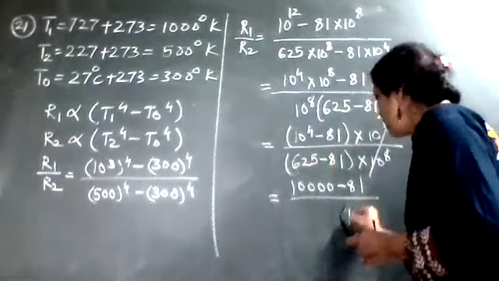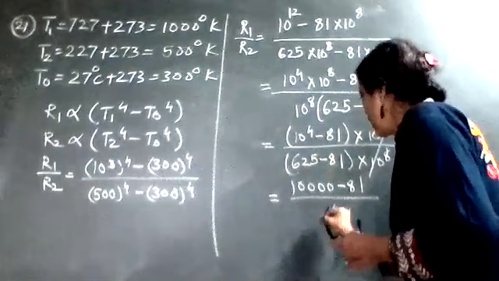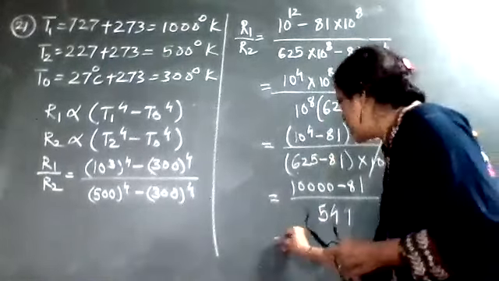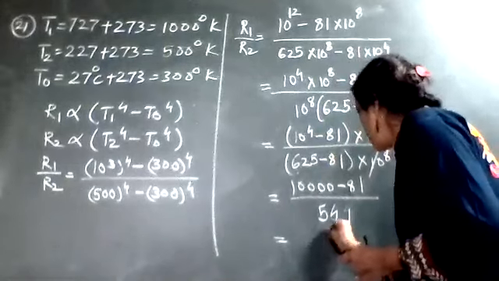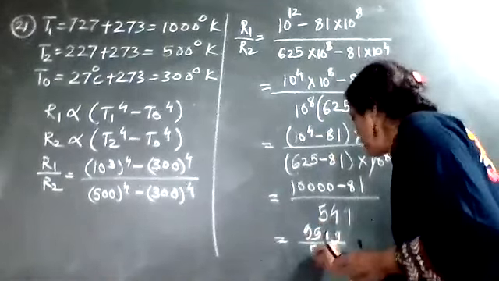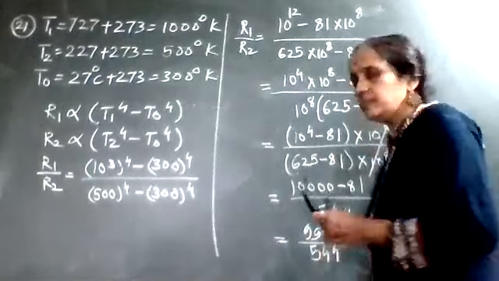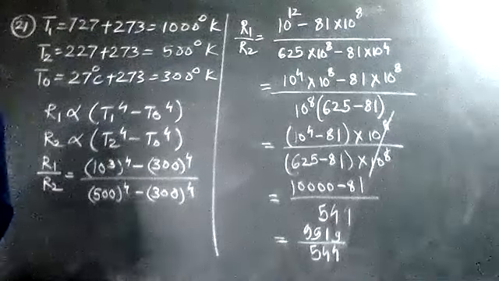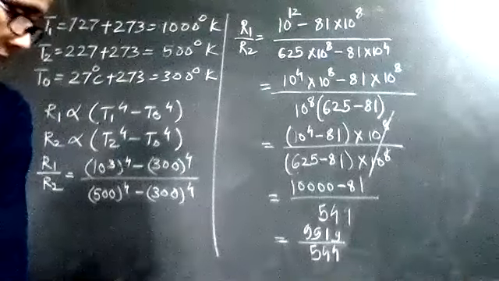So here the ratio will come as 9,919 divided by 544.